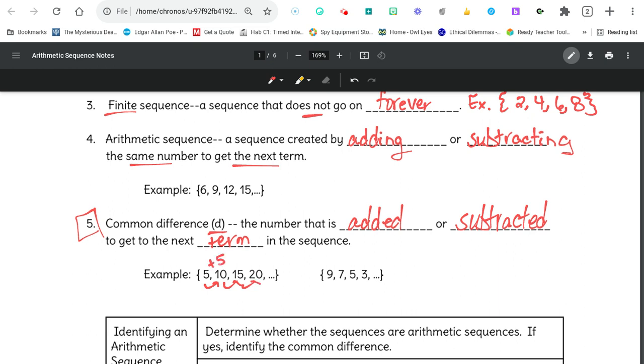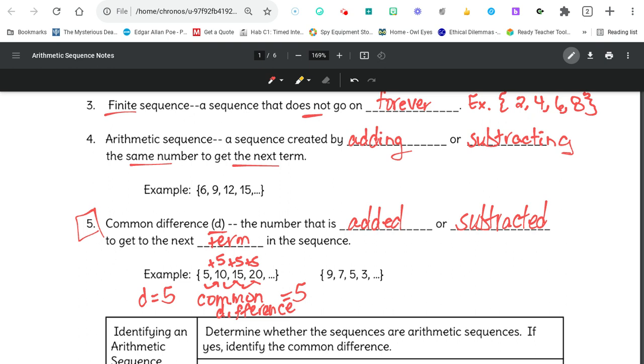Well, all we're doing is adding 5. So here the common difference equals 5, or you'll watch me write D equals 5.